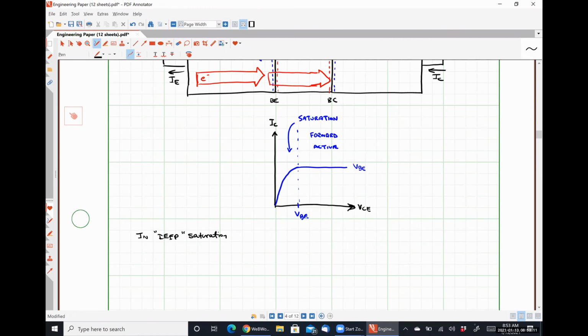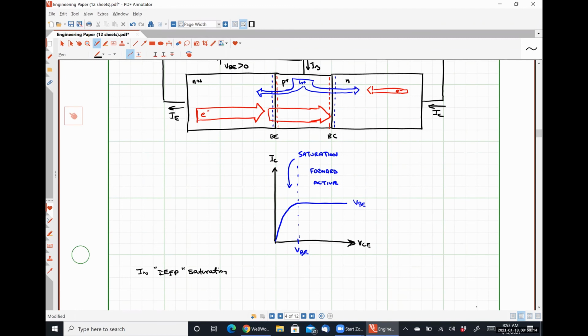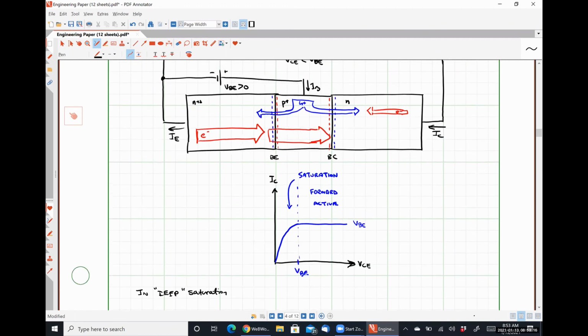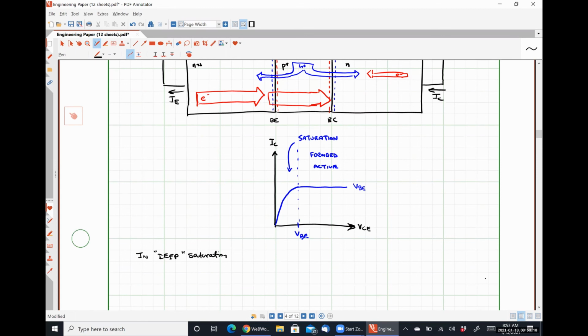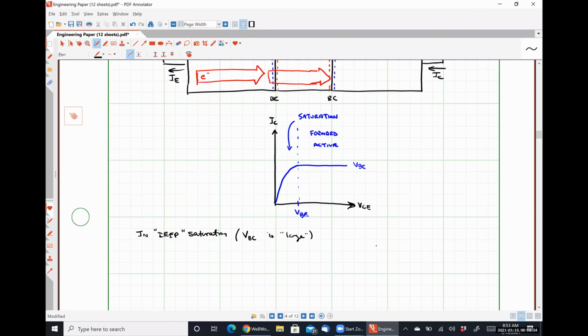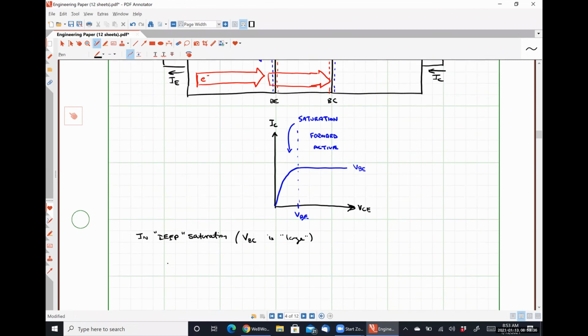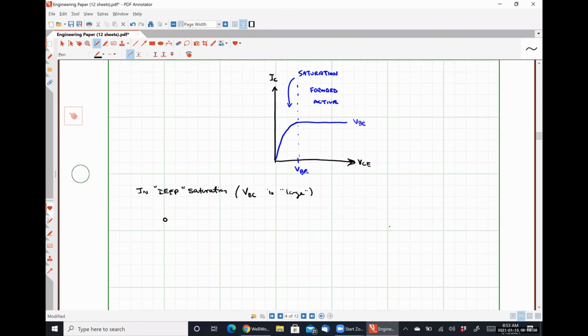which means that VBC, the base collector forward bias voltage, we actually find that our transistor large signal model looks like this.